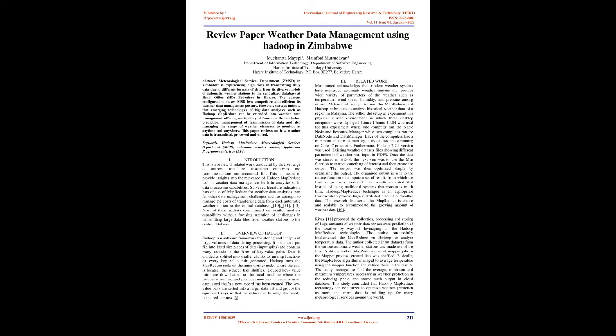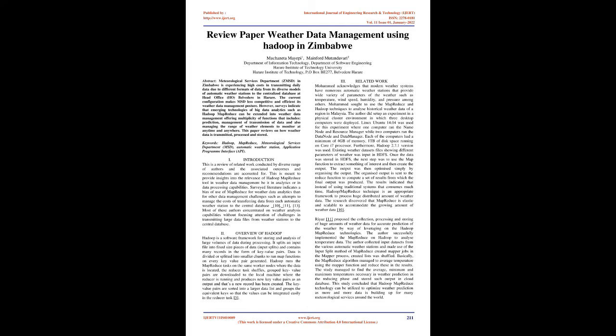2. Overview of Hadoop. Hadoop is a software framework for storing and analysis of large volumes of data during processing. It splits an input file into fixed-size pieces of data, input splits, which contain many records in the form of key-value pairs. Data is divided into smaller chunks to run map functions on every key-value pair generated.